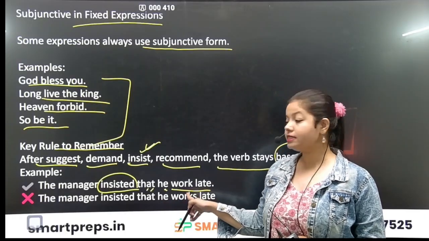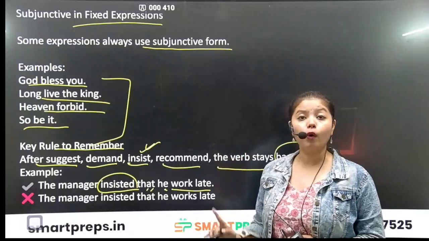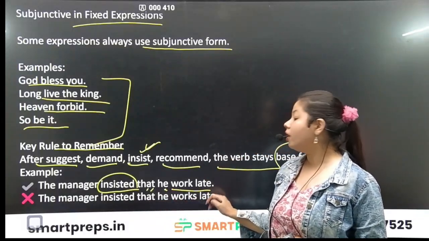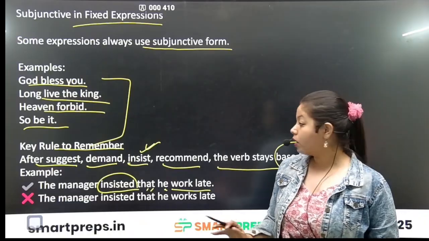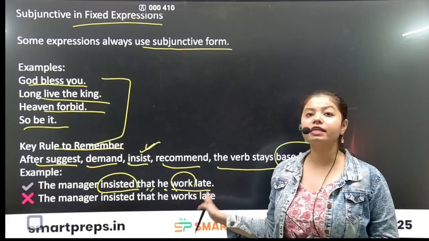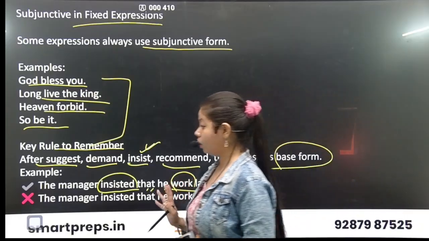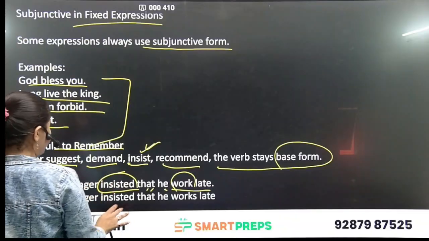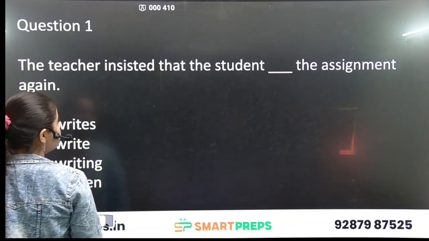The verb is work late. "The manager insisted that he works late" is wrong. The base verb is work late. So using the base verb is always the universal rule.